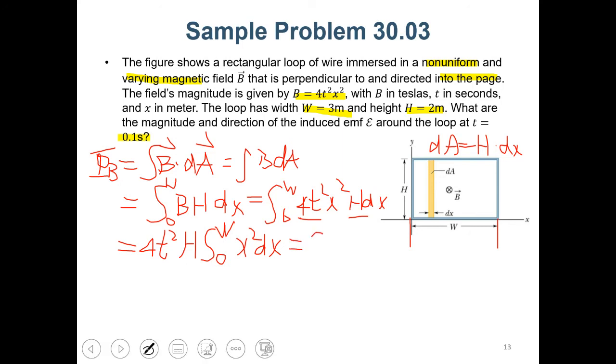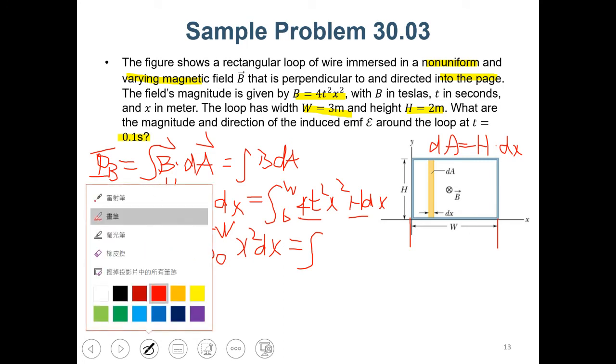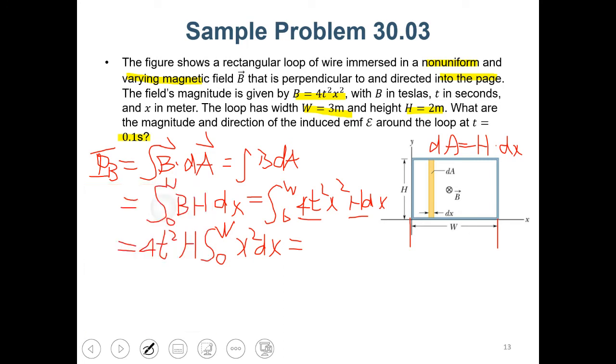So let's plug in the values. We have 4, and we keep the t squared here. h is 2 meters, so 2. And the width is 3 meters. Then x squared dx.